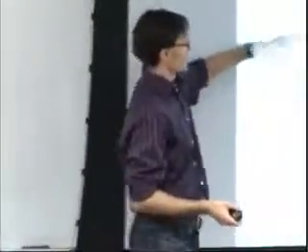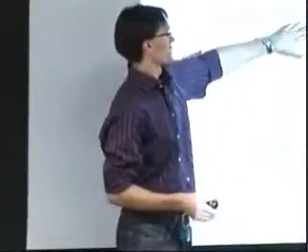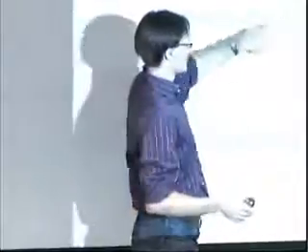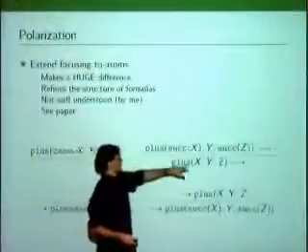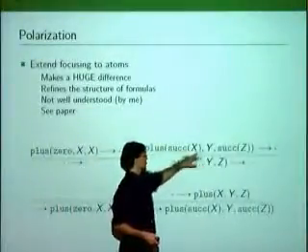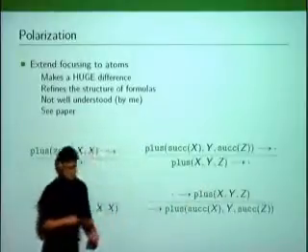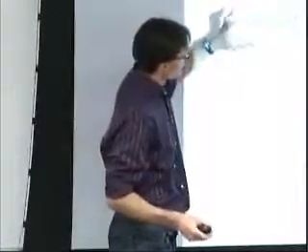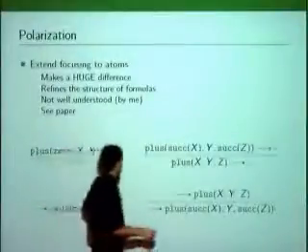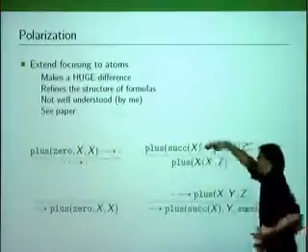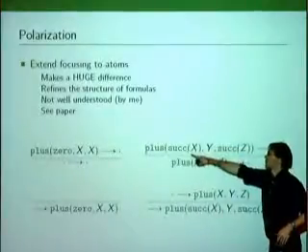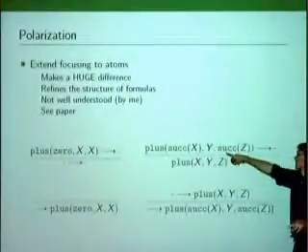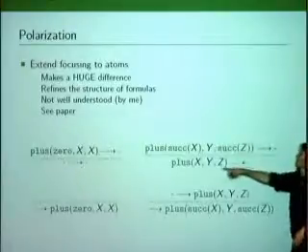So here's a logic program: plus 0 plus x is x, and if x plus y is z, then successor of x plus y is successor of z. So it's like everyone's first Prolog program. What happens is if we make plus have positive polarity, then it generates these inference rules, which say, well, if we read these in the forwards direction, if we have plus suc x, y, suc z, we can reduce that to plus x, y, z.